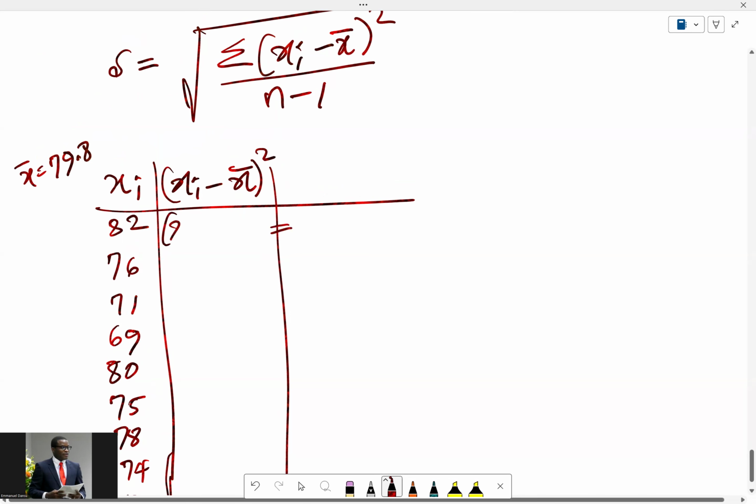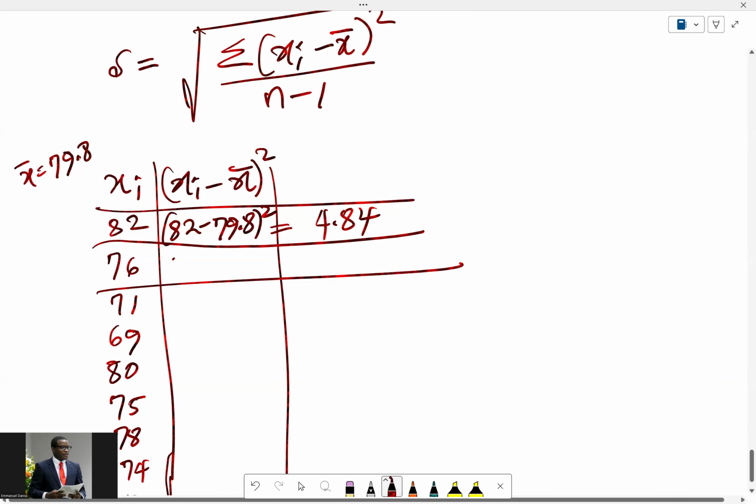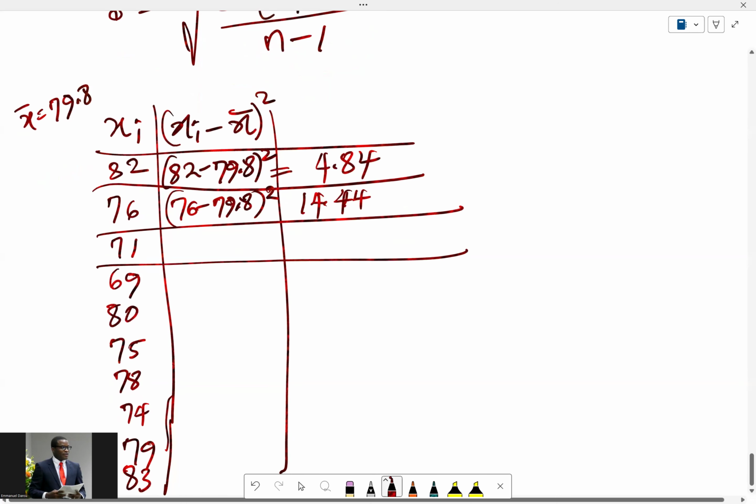So this is 82 minus 79.8 squared, and the result is 4.84. Next we have 76 minus 79.8 squared. That will be 14.44. Then next we have 71 minus 79.8 all squared.